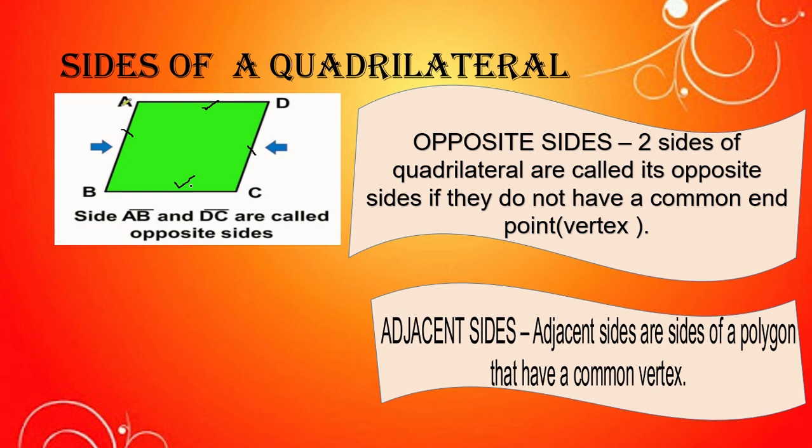It is a closed figure and entirely made up of line segments. So what are adjacent sides? Sides having common vertex. As you can see in this figure ABCD, AD and CD, two sides have common vertex D. So these two sides would be adjacent to each other. Adjacent means neighboring.